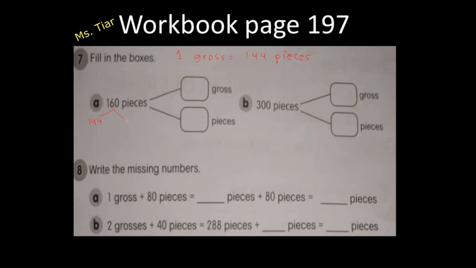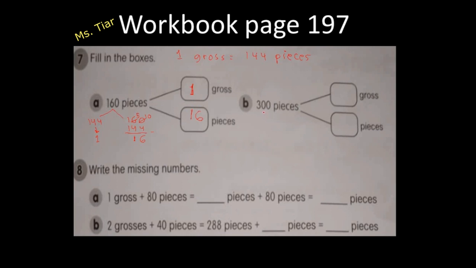For the rest of the number, we need to subtract 160 subtracted by 144. Let's regroup. We have 5 here, then we have 10 here. 10 subtracted by 4, we have 6. 5 subtracted by 4, we have 1. So 16. So 144 equals 1 gross, right? You put it here, and then the 16, you put it here. This is the rest of the pieces.